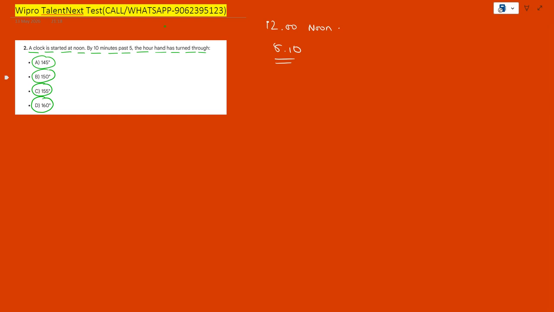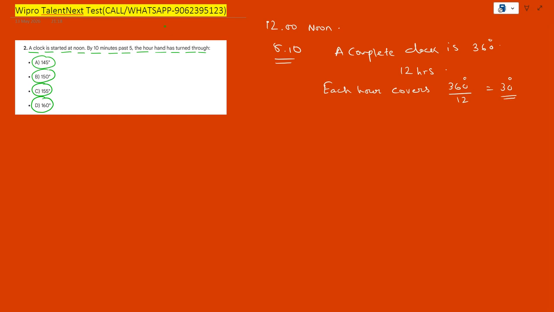Okay. So the most important clock theory I'm telling you, a complete clock is 360 degree and the clock has 12 hours. So each hour mark covers 360 degree by 12, that is 30 degree.